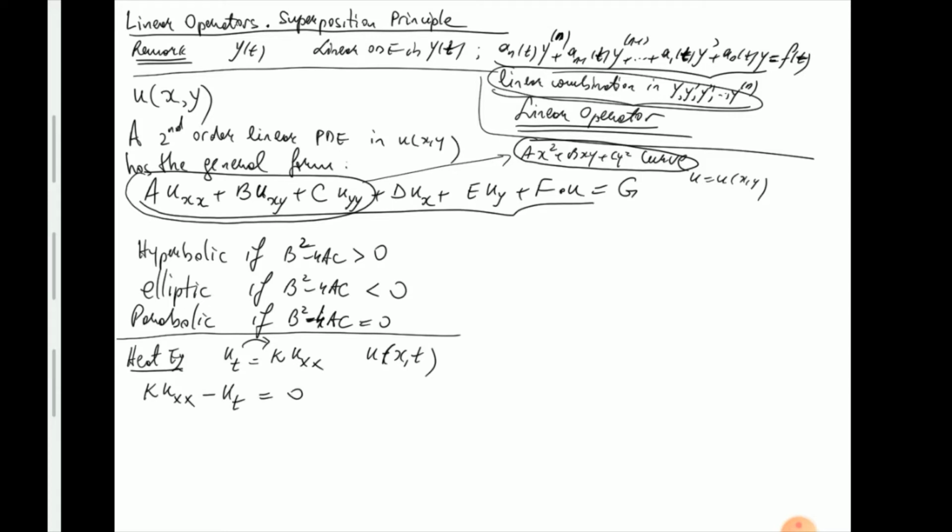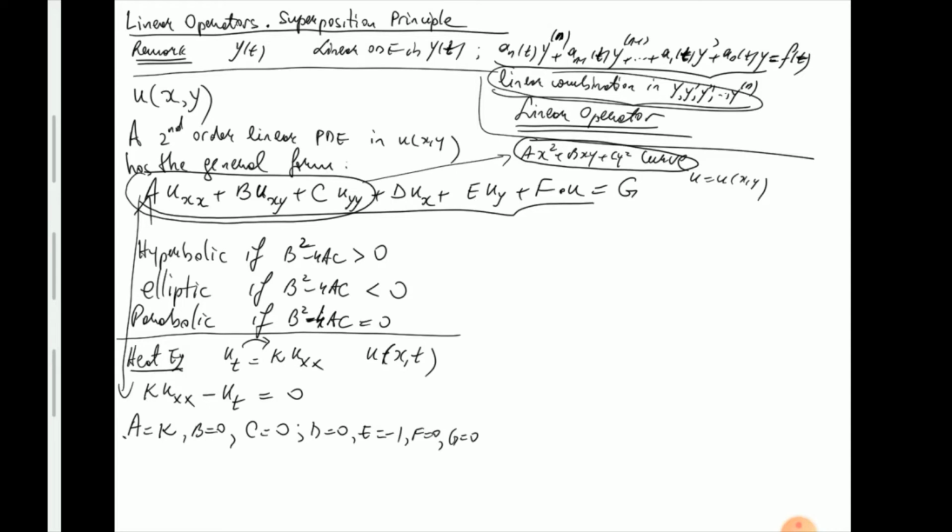So notice that if I match it with the general format, pretty much all the coefficients are 0 except a. So a stands for k. There is no uxt, so there's no mixed derivative, so b is 0. There is no utt, so then c is 0. And then d will be 0. E will be actually minus 1, since instead of y you have t basically. F will be 0, and then g will be 0.